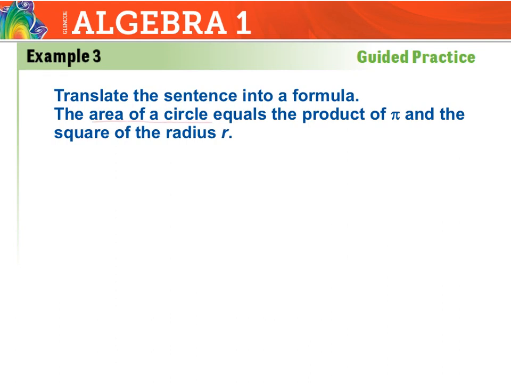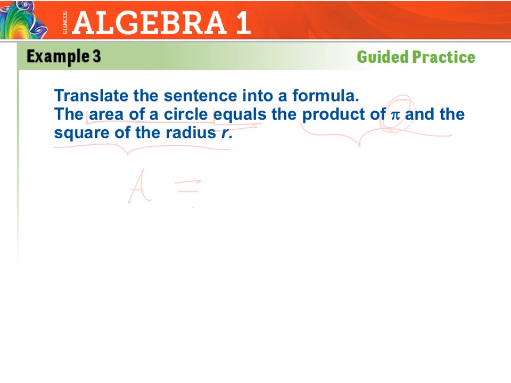So area of a circle, right? Here's our first part. So we'll just say area equals, there we go, and product of pi and the square of the radius r. So product of means we're going to multiply two things together, and then they list them for us.